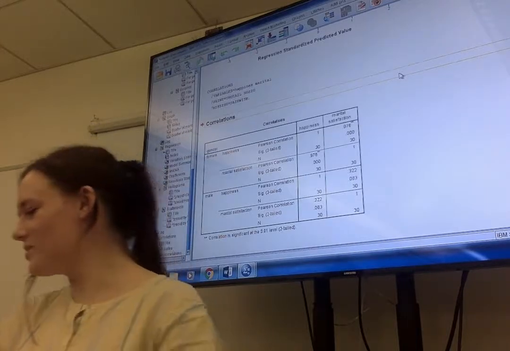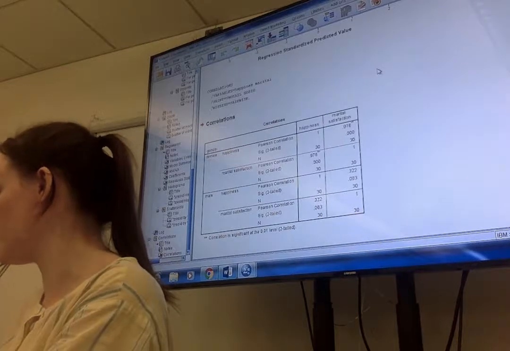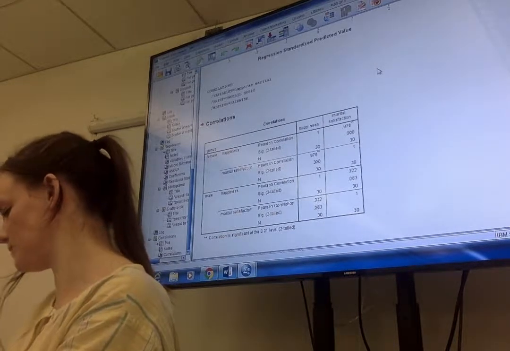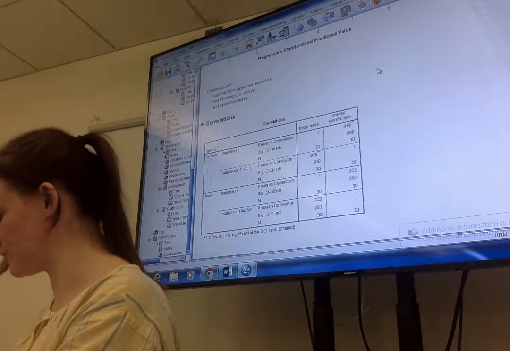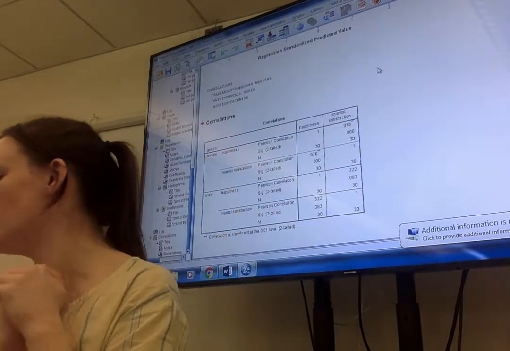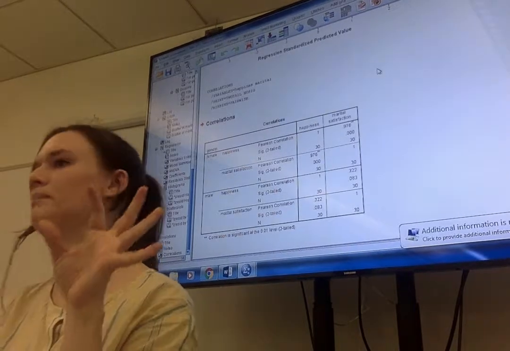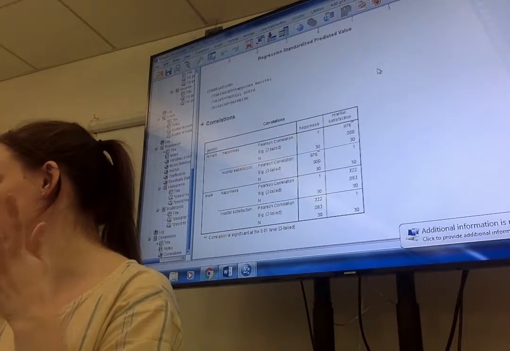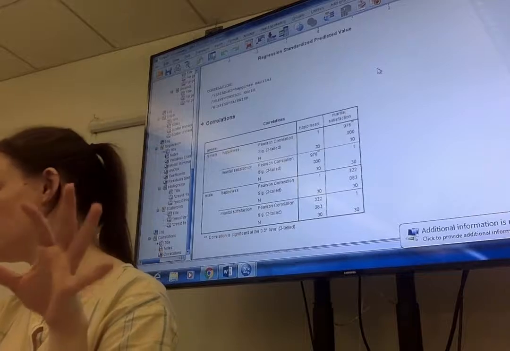So, okay, what we would say from that is let's report the results. Oh wait, I'm looking at regression already. Oh yeah, so we would report the R, Pearson's R, and the p-value for each of the groups separately because that's what we're looking at for this question. We would say whether we reject or retain the null hypothesis, which one is significant and which one isn't.